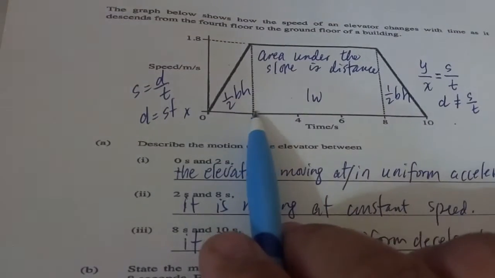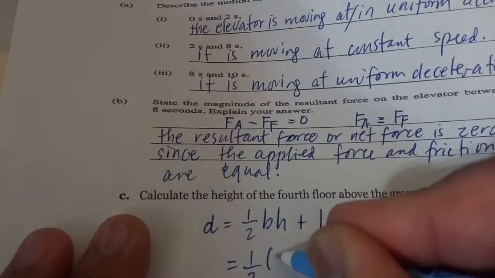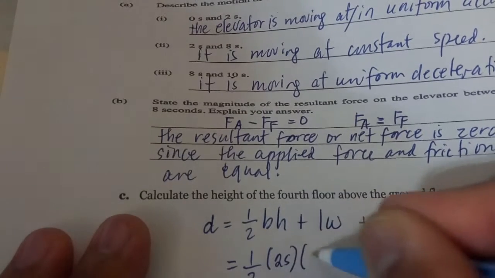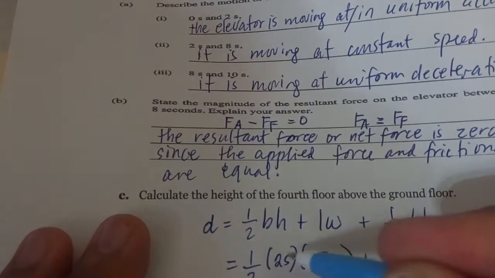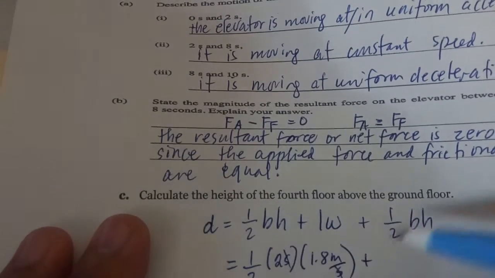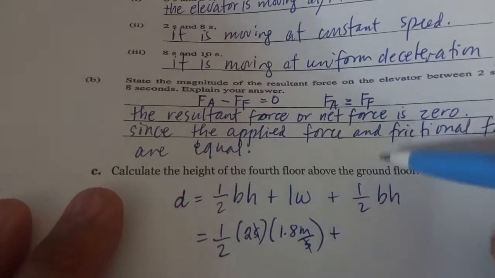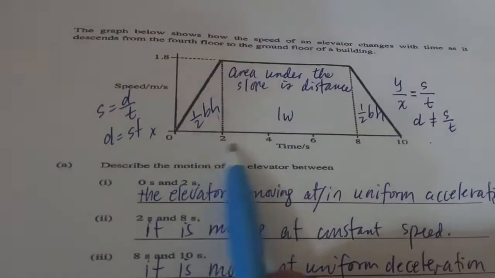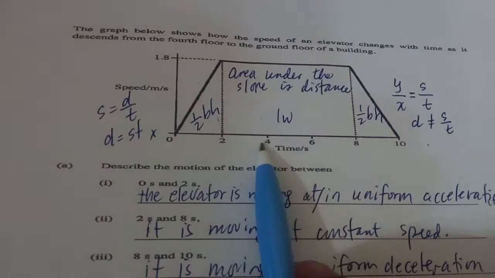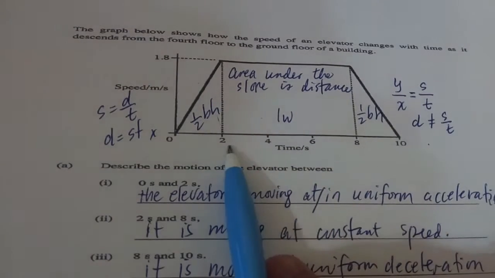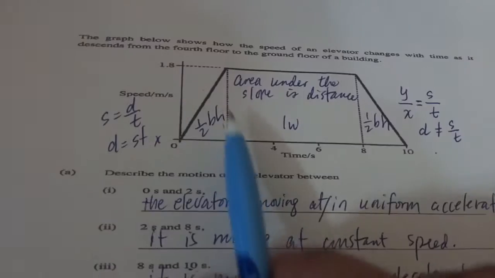Our base there is 2 seconds and our height is 1.8 meter per second, and you could cancel the seconds. Our length there is 8 minus 2, because length refers to the longest dimension. So that would be 6, and our width would be 1.8.